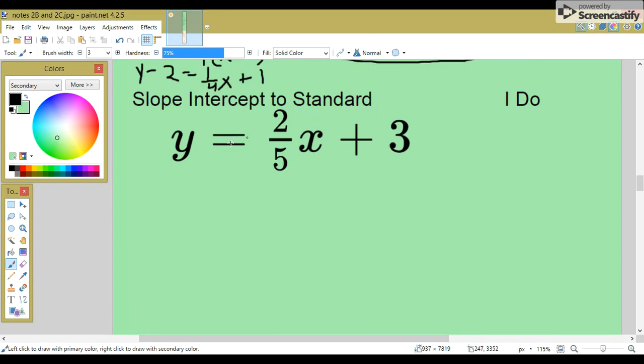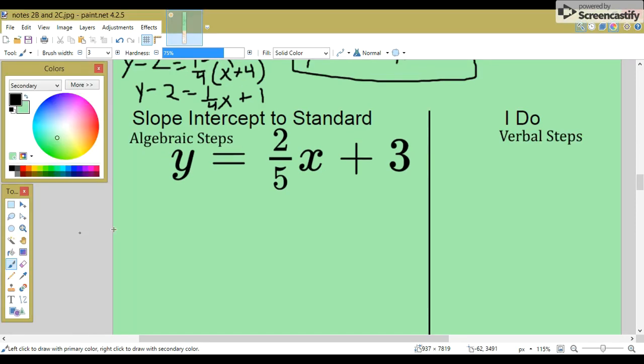Slope-intercept to standard. Y equals 2/5 x plus 3. Let's do the algebraic steps and the verbal steps. Step 1, move x to the other side. So we'll do minus 2/5 x minus 2/5 x.